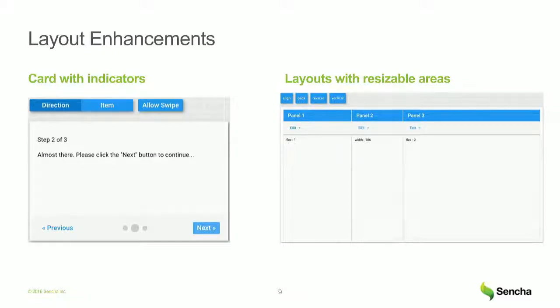Another area where we've improved things is in layouts. So in the past, we've had a card deck or a card viewer, where you can have a next and a previous button to kind of move to the next card in the deck. If you look on the left-hand side, there's the three little circles at the center in the bottom of that view.